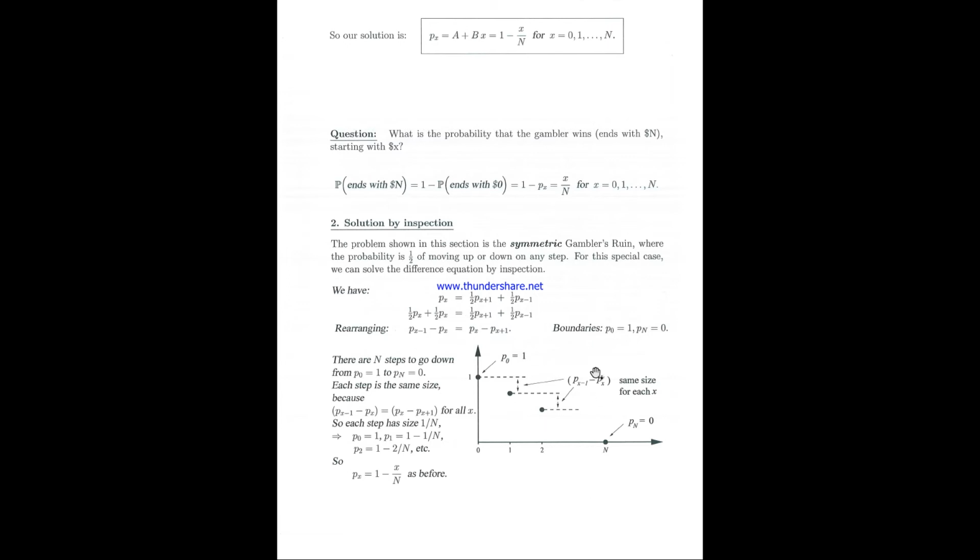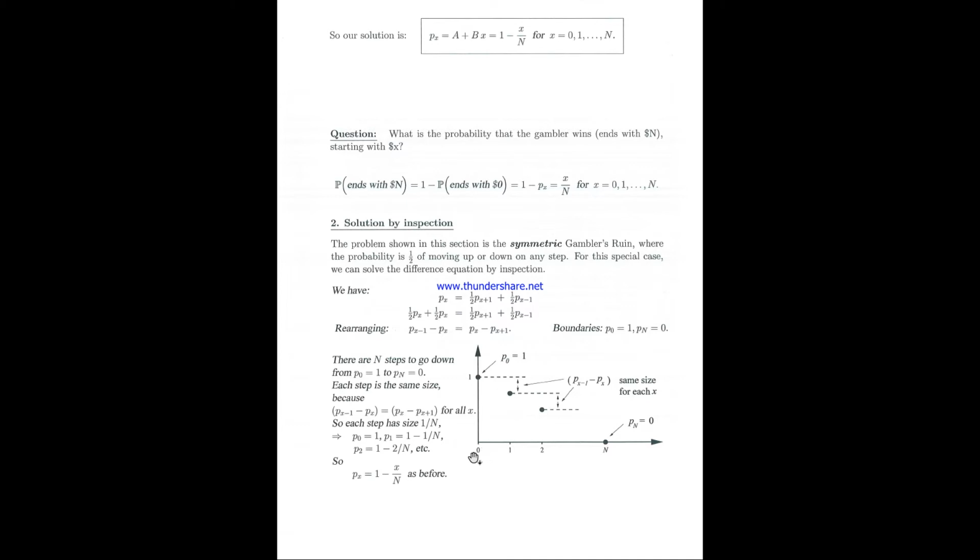If you just graph what is happening here, you have 0.5 probability of moving up or down from any step, right? So that is a special case. If you look at this graph, I have taken the x values on the x-axis, that is the amount that you have in your hand, so it can be equal to 0 and it goes up to capital N. And my y-axis is the probability, the probability of gambler's ruin.